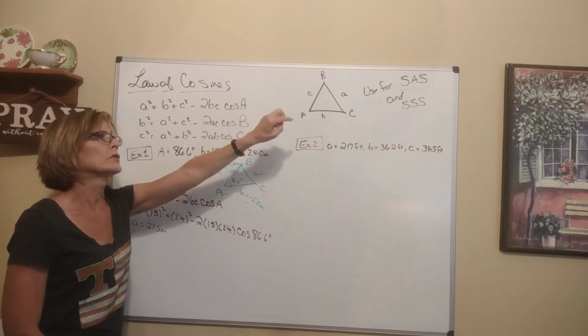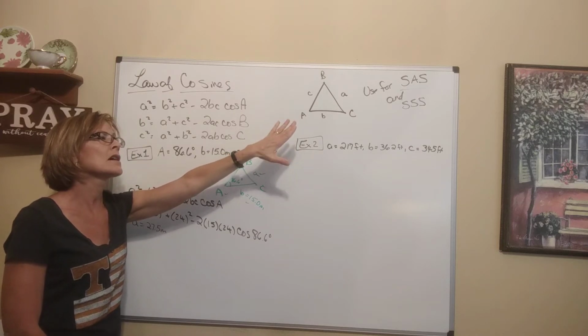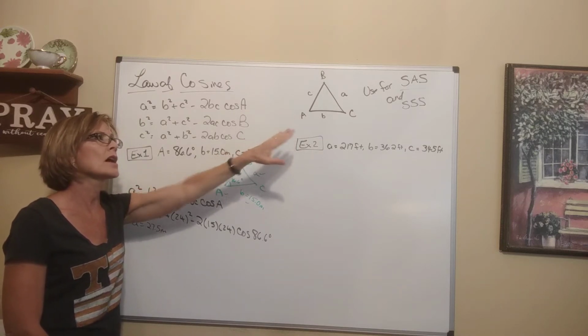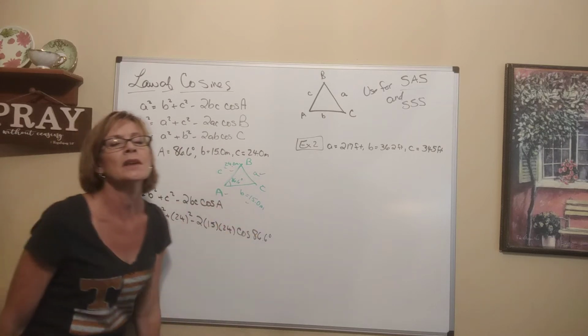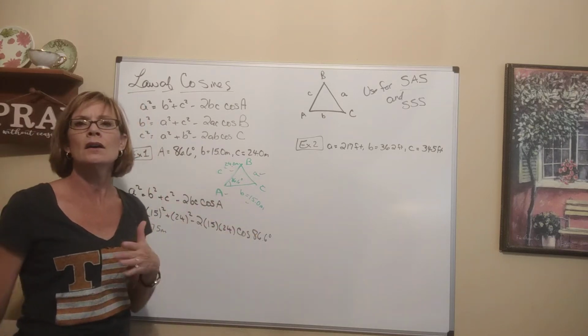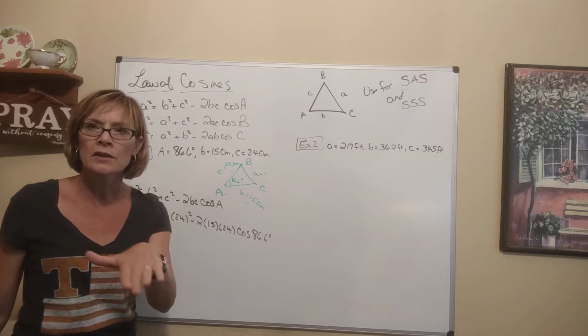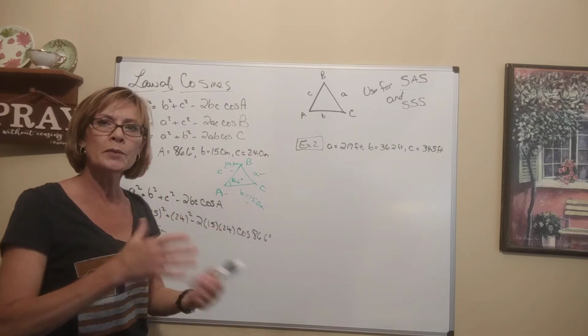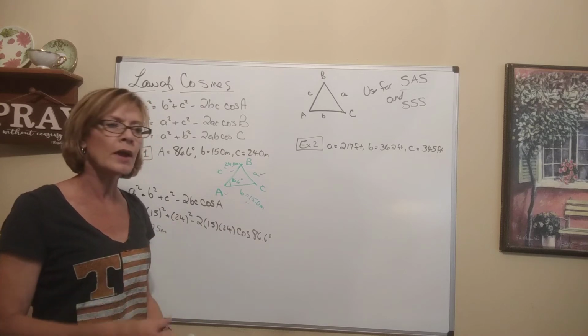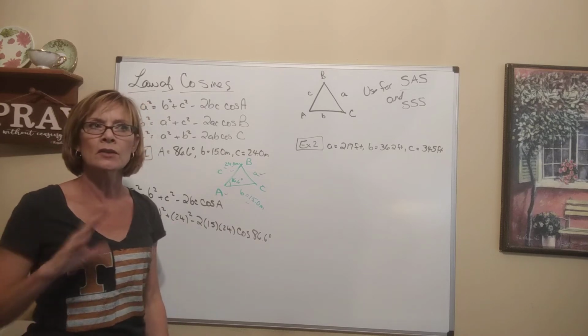So when you're using law of sines for side, angle, side, the first angle you should try to find is the smallest one, because that prevents getting a weird answer in your calculator.